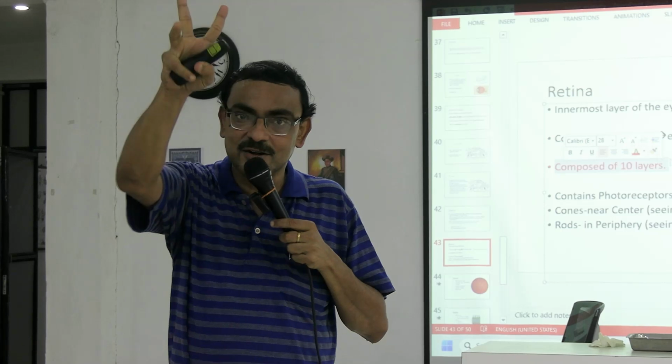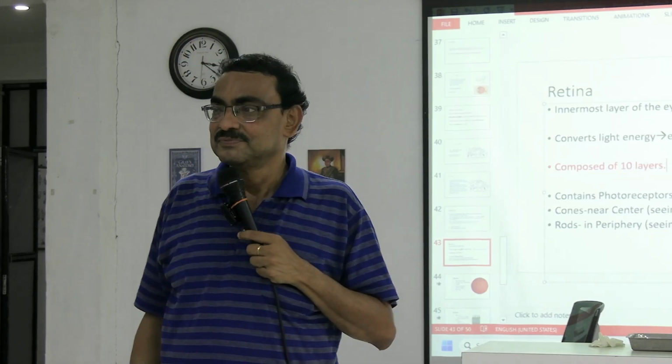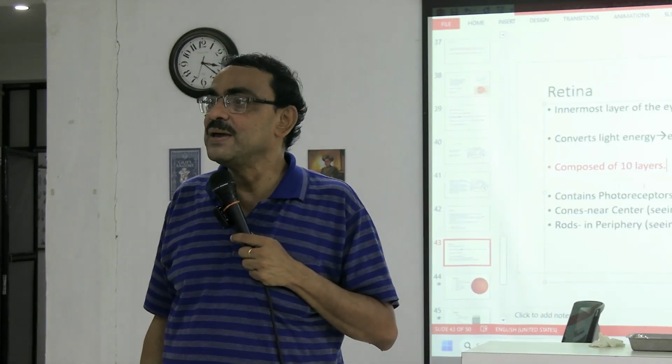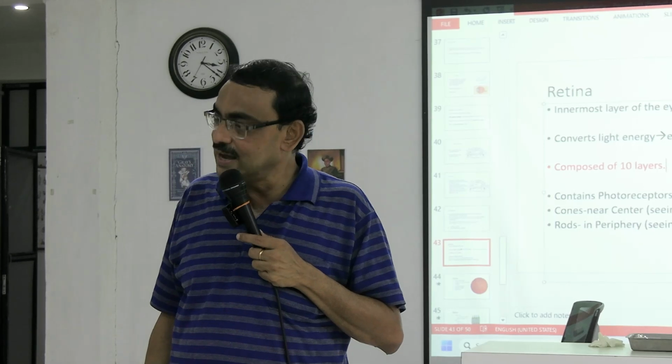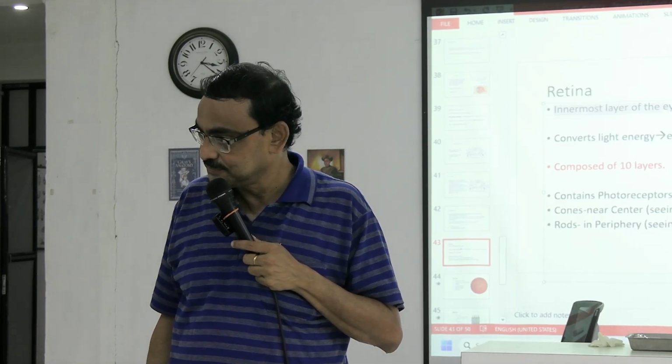But basically, there are two layers: one is the outer pigment layer and the inner nervous layer.